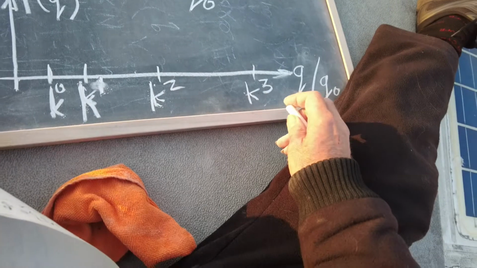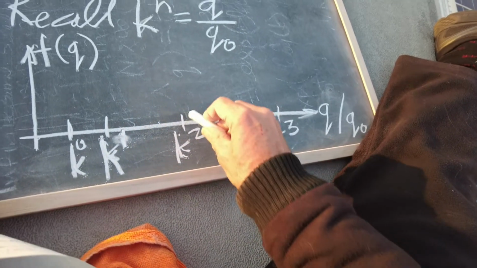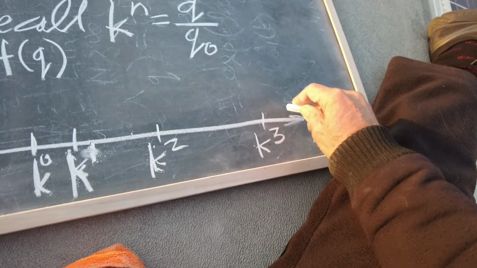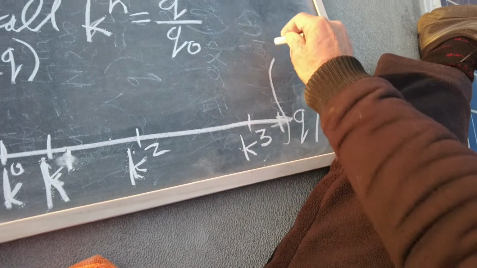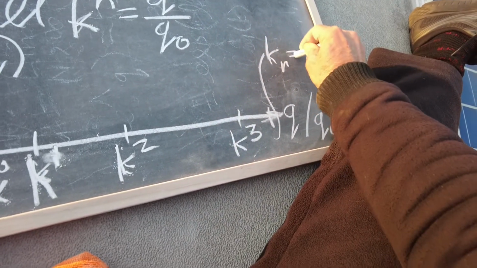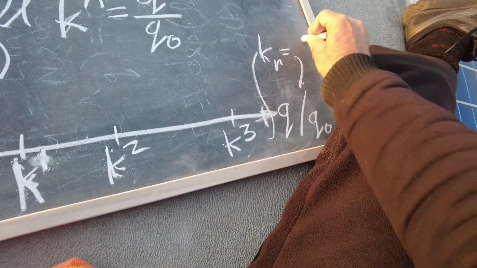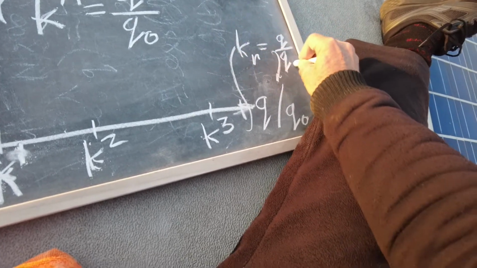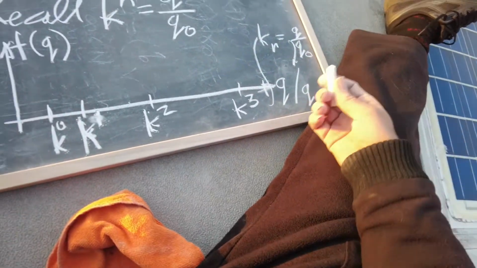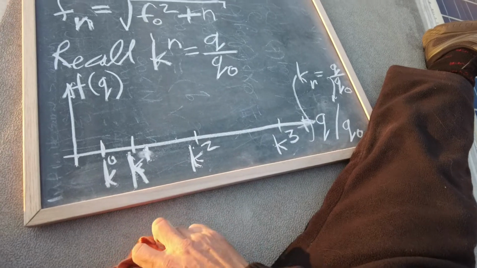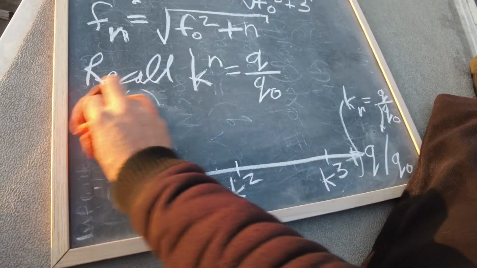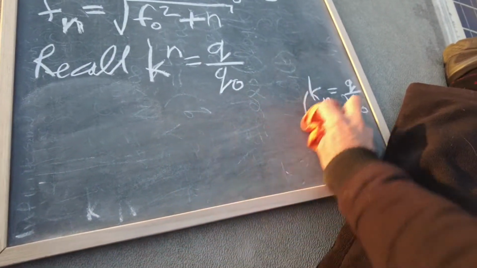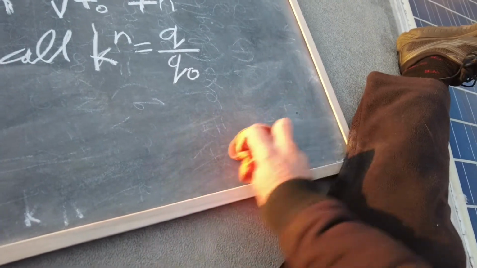And so what you can see here is that k to the n, the general term along this axis, is just this thing, q over q0. And that is the key to unlocking comparametric equations. That's the magic index key that opens up the comparametric equation to a solution.